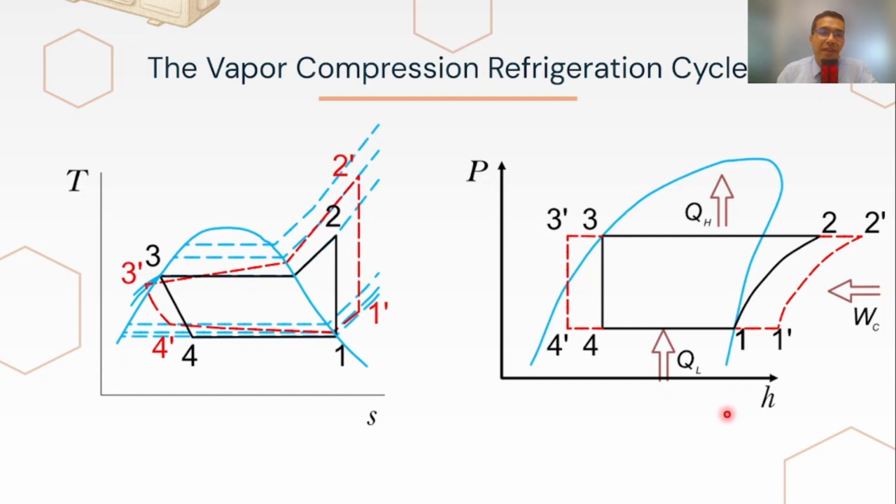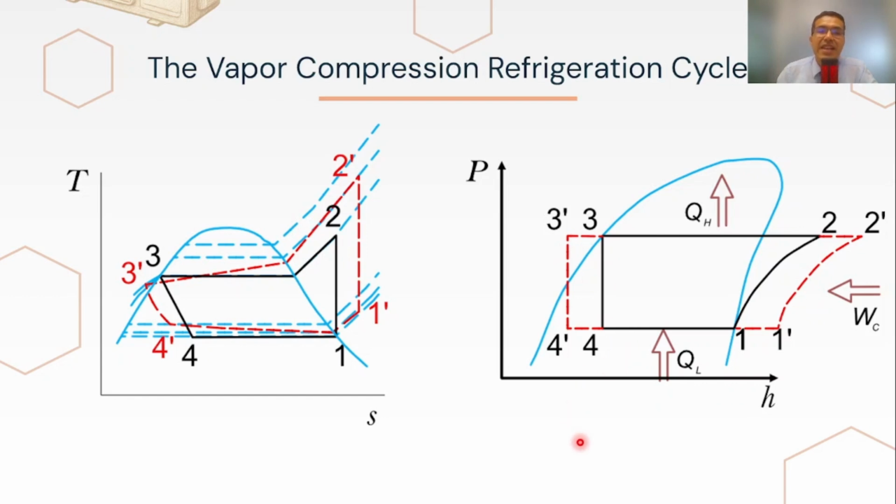On the pH diagram, the real cycle path is visibly disordered compared to the ideal. Compression starts from a superheated state and ends at a higher enthalpy due to inefficiencies. Expansion begins from a subcooled liquid, but pressure losses in the expansion valve and the evaporator further reduce the refrigeration effect.